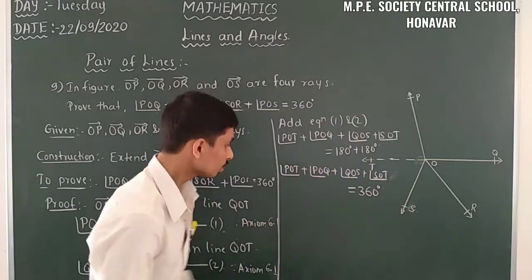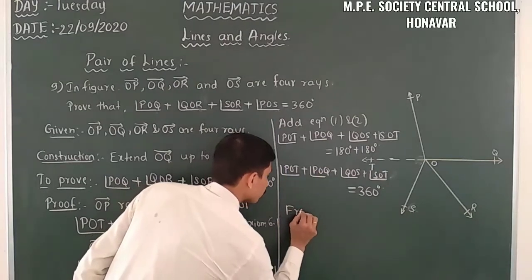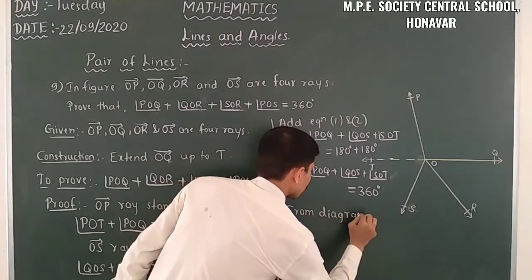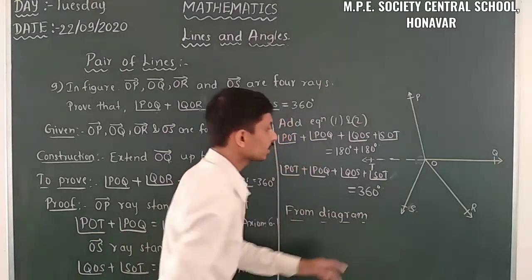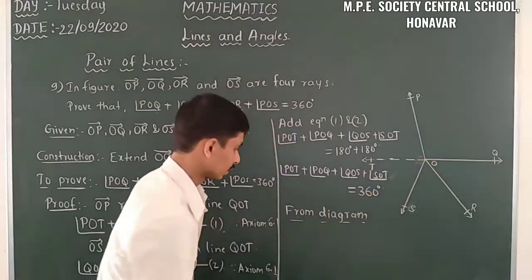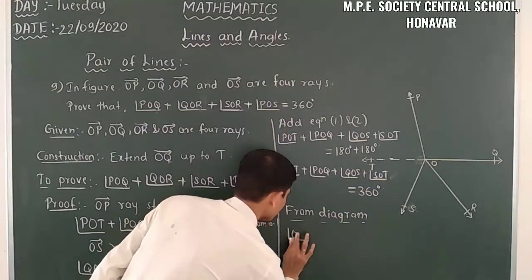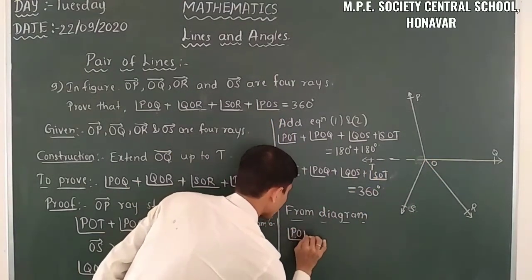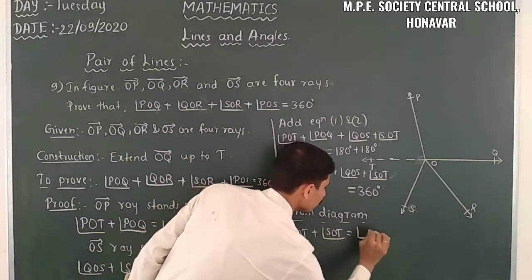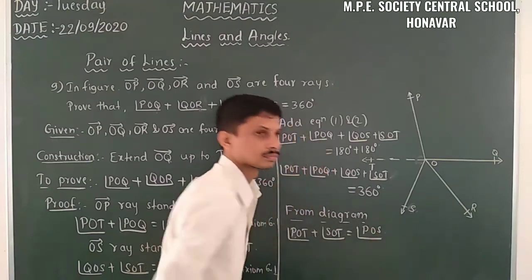So from the diagram, angle POT plus angle SOT is equal to angle POS.